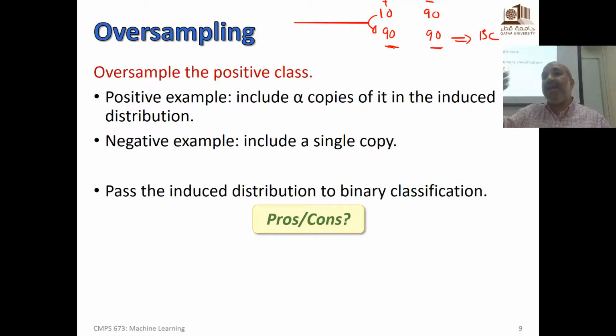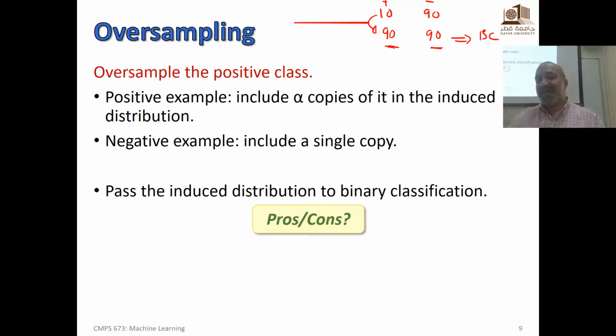Here we are giving the model more chances to correctly predict the positive examples than the negative examples. So we are pushing the model to learn more about the positive example, although we have a very small original sample from the positive class. Okay, so that's the idea, and this is the good side of it. We are emphasizing more every single example from the positive class because it's actually important.